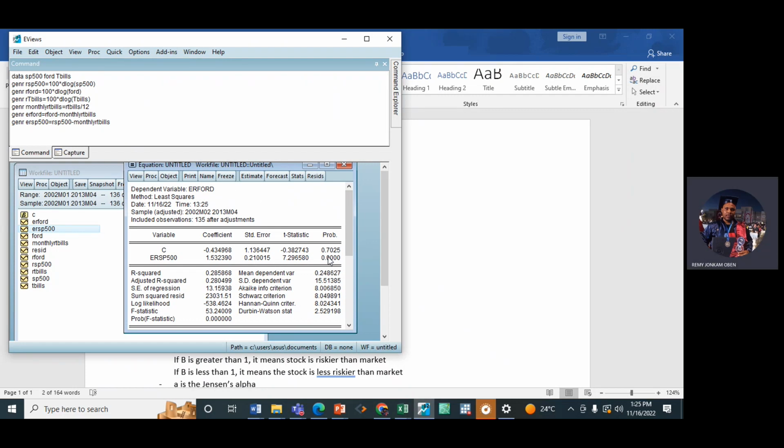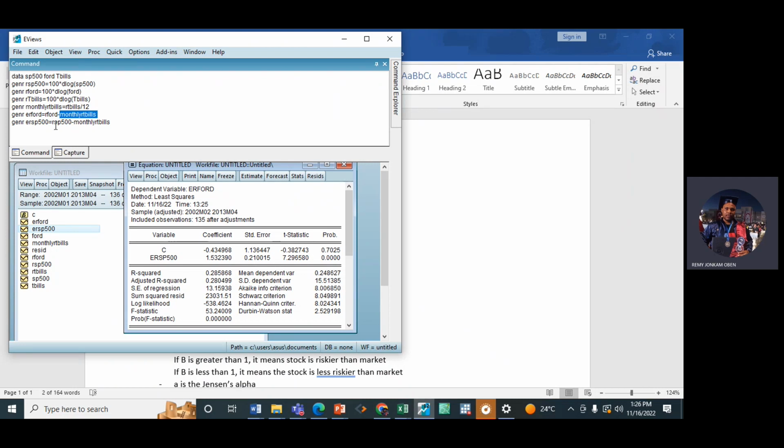How do we interpret these results, guys? One minute, let me check something. I hope I did not make any mistake with all this formula here. I'm just checking to be sure. Expected return of 4 is return of 4 minus T-bills.